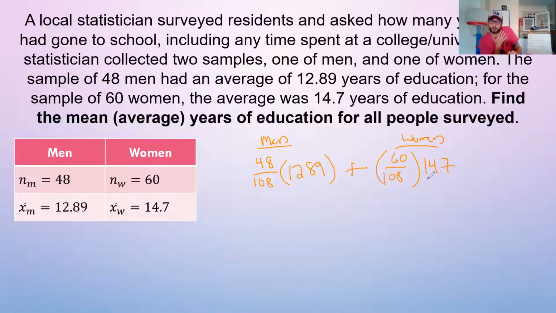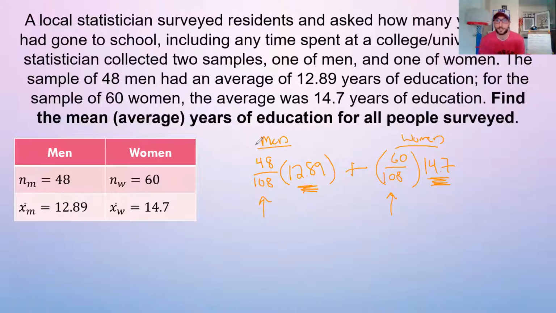And so we could multiply each average by the proportion of people who were either men or women, right? Here we're multiplying this average by the proportion of percent that were women. Here we're multiplying this average by the proportion of percent that were men. And so this is another way we can approach this.